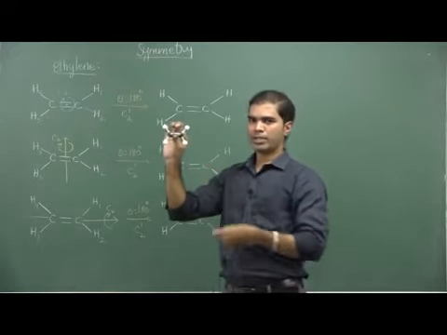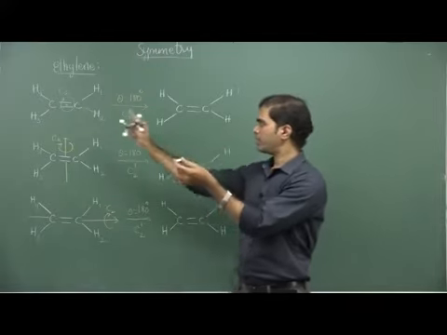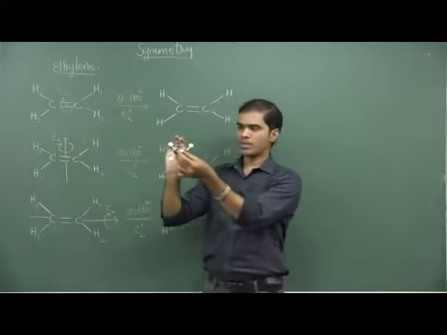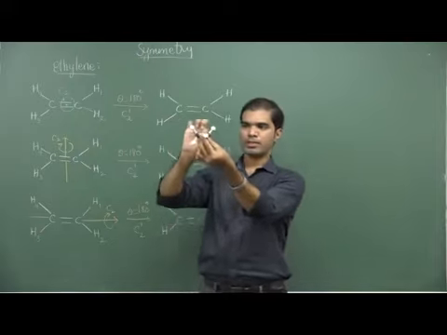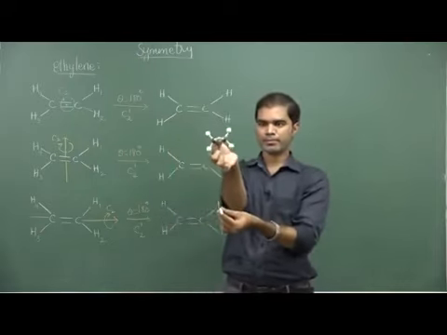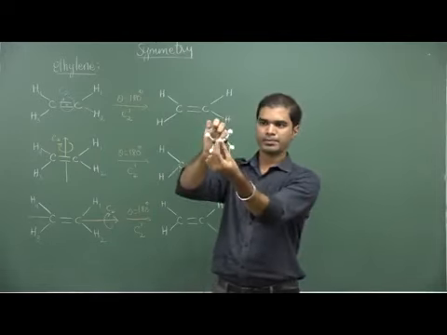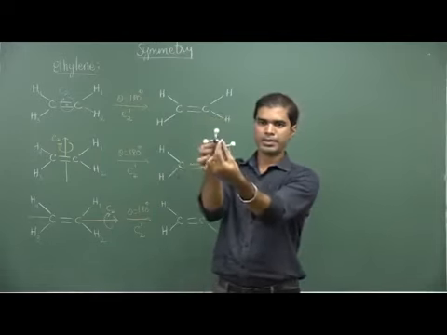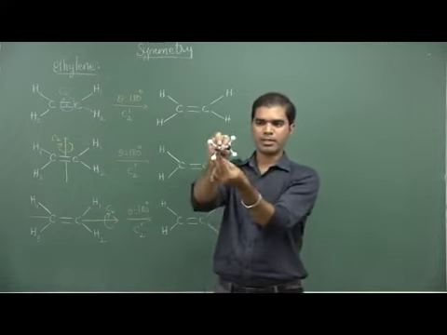Now the first rotational axis that we are showing is pointing towards you. It is between the two carbons through the bonds. It is through a pi bond. Now the rotation is this. This is how we are rotating. Or if you can just imagine, here is the rotational axis.